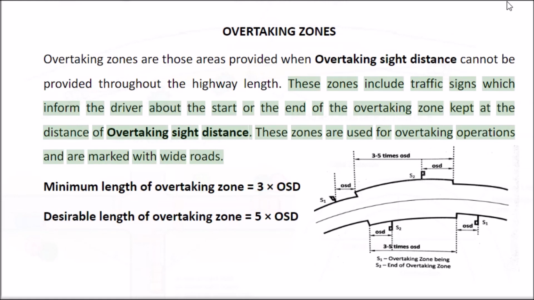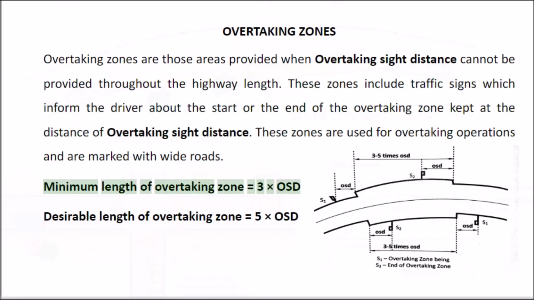These zones are used for overtaking operations and are marked with wide roads. Minimum length of overtaking zone equals 3 times OSD. Desirable length of overtaking zone equals 5 times OSD.